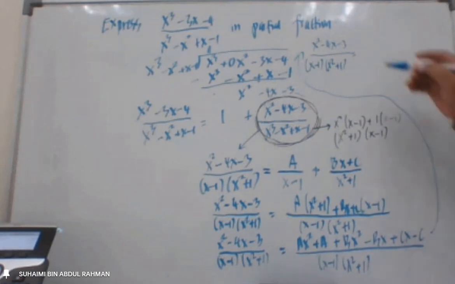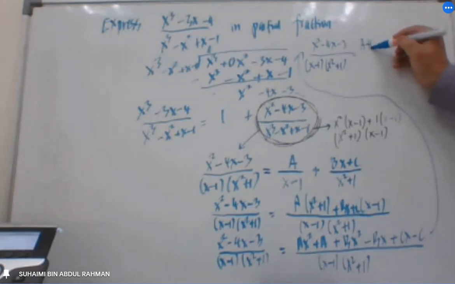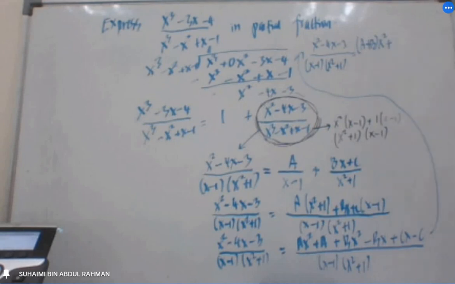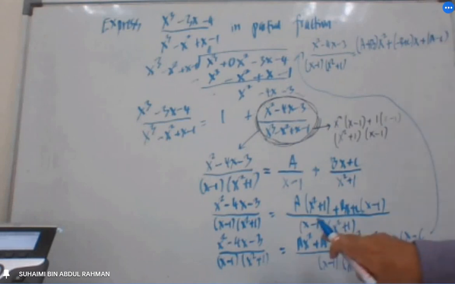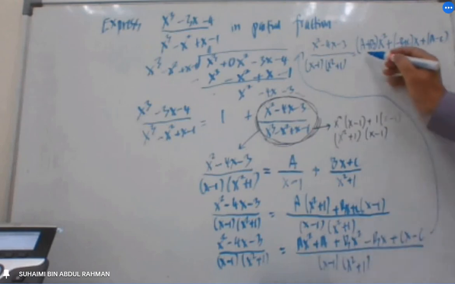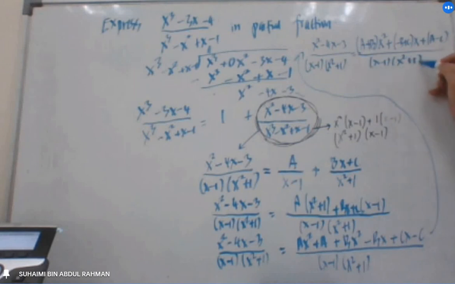A and B. So A plus B, plus the coefficients of x, which is negative B plus C, then followed by A minus C, divided by x minus 1 x squared plus 1.